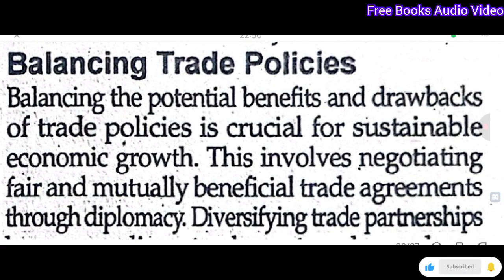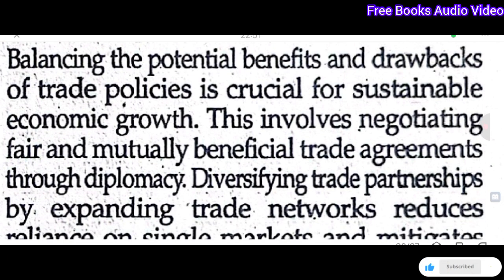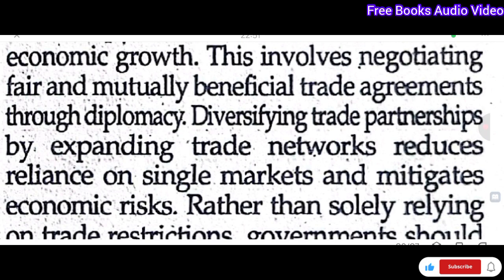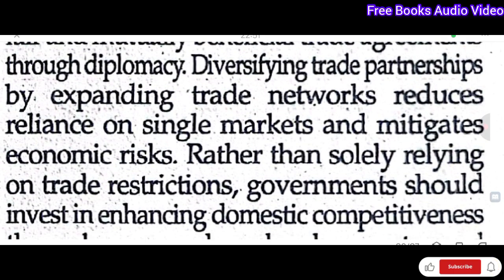Balancing the potential benefits and drawbacks of trade policies is crucial for sustainable economic growth. This involves negotiating fair and mutually beneficial trade agreements through diplomacy. Diversifying trade partnerships by expanding trade networks reduces reliance on single markets and mitigates economic risks, rather than solely relying on trade restrictions.